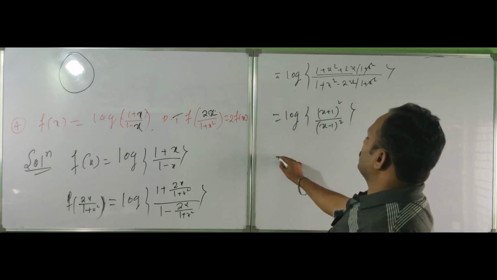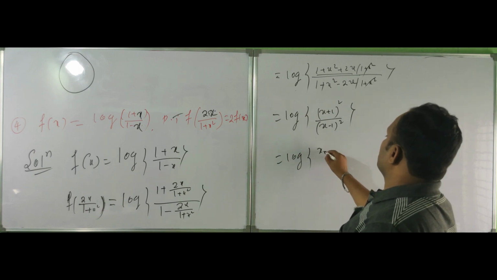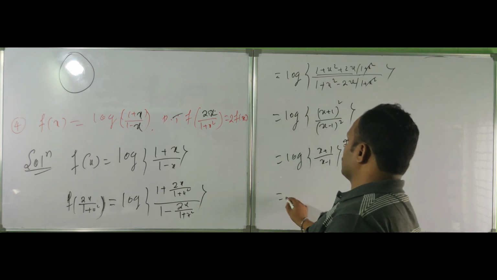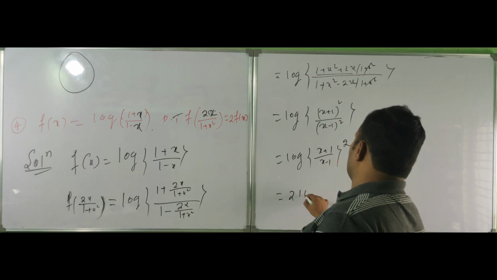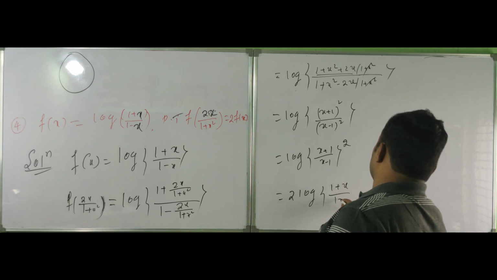This you can write as x plus 1 divided by x minus 1, whole square. This becomes 2 into log of 1 plus x divided by 1 minus x.